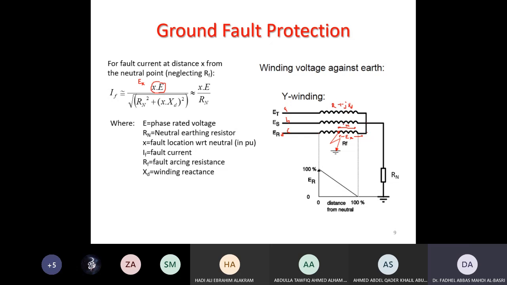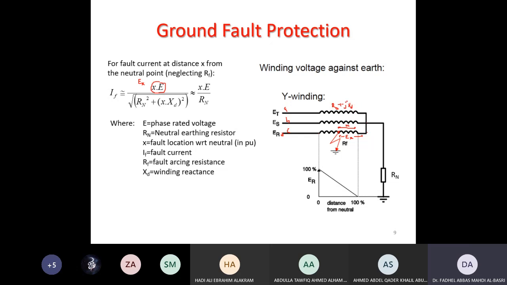Now this is for the full winding. If you have a percentage of the fault at, let's say, point X, the impedance will also be that percentage of it. I'm neglecting the armature resistance, which is very small compared to the reactance.